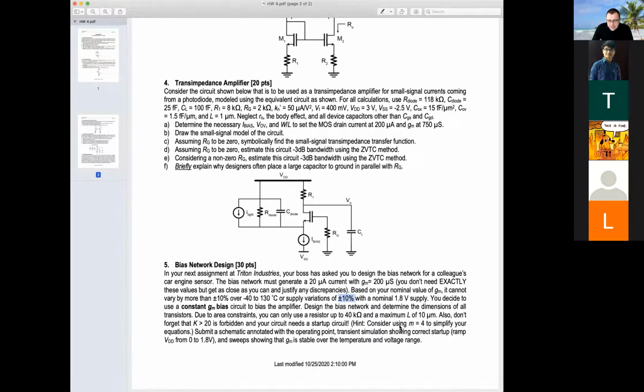And then you're going to design the circuit and show us through simulations that your circuit meets all of these specs. So you're going to need to look at how to sweep temperature in Cadence, and we're also going to need to know how to sweep the supply voltage in Cadence.